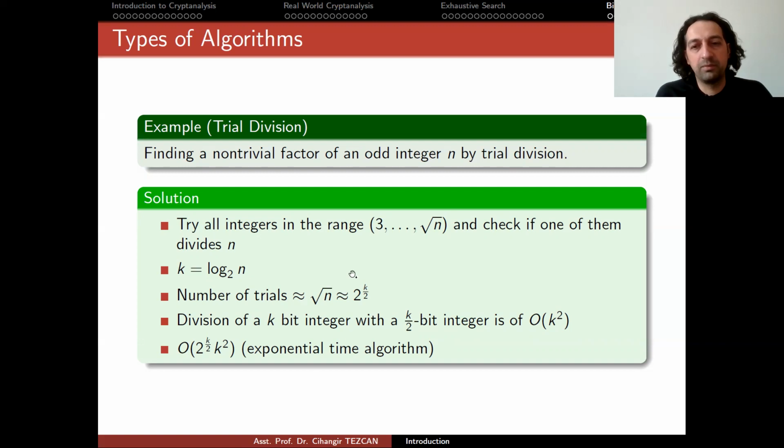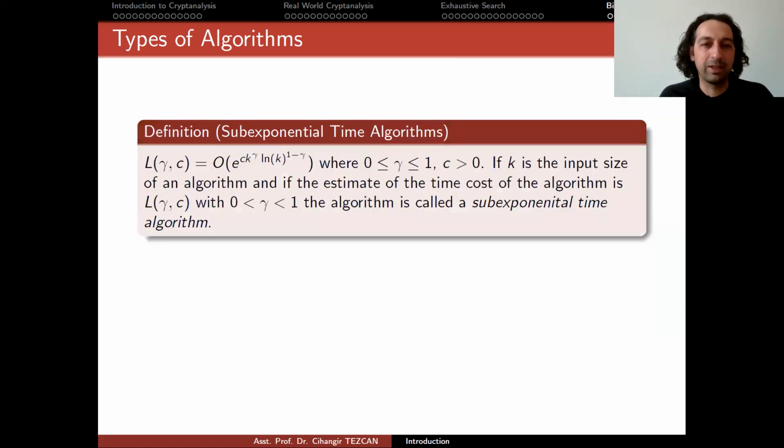But of course, this is the trivial way of trying to factorize an integer. The question is, can we have a better algorithm so that it is not exponential time, but polynomial time? So far, nobody has discovered a polynomial time factorization algorithm, but there is something in the middle between polynomial time and exponential time algorithms, and we call them sub-exponential time algorithms, and we define them like this.